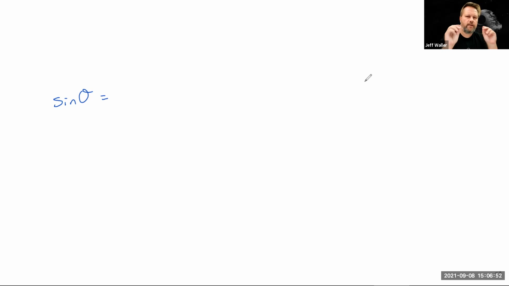Can somebody tell me anything about sine, some basic definition of sine? Sine is opposite over hypotenuse. Okay, so if we have a triangle with theta, we've got the opposite, the hypotenuse, and the adjacent. So it's opposite over hypotenuse.